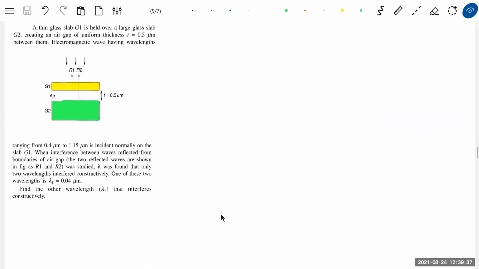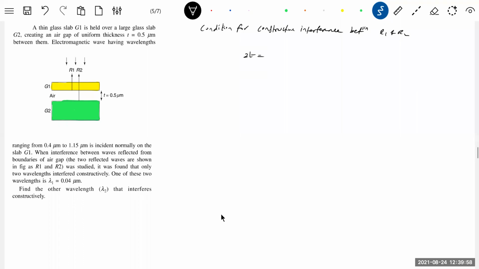So therefore for constructive interference, what can you go for? The reverse of that. The condition for constructive interference between R1 and R2 should be 2t equal to (2n plus 1) lambda by 2.